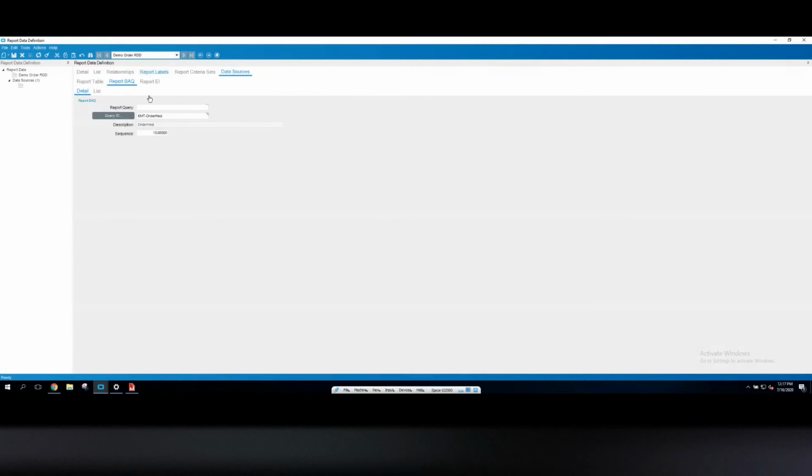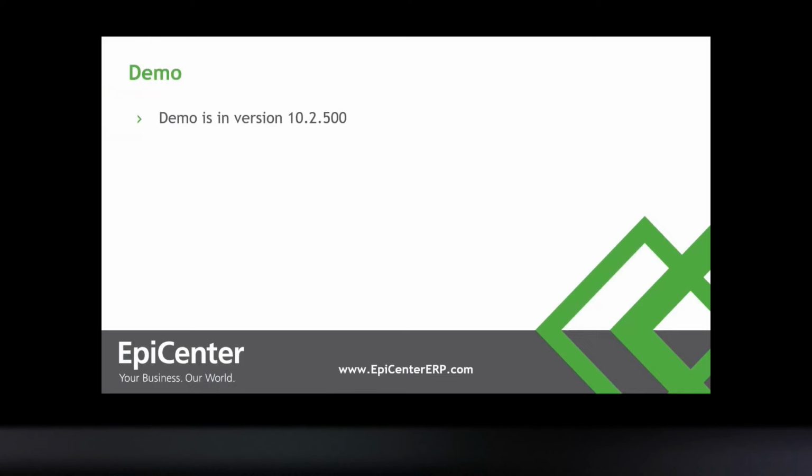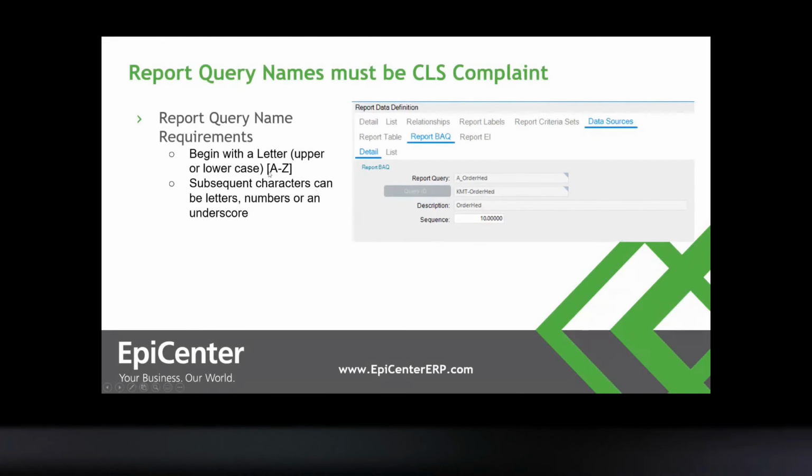So I cannot use this dash in the name. It needs to start with a letter, capital or lowercase, it doesn't matter. Subsequent characters can be letters, numbers, or an underscore. So don't use other characters either.